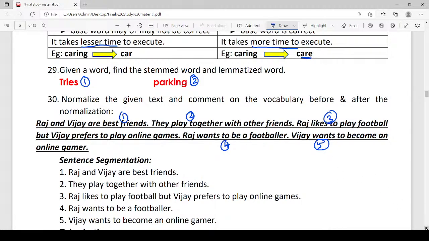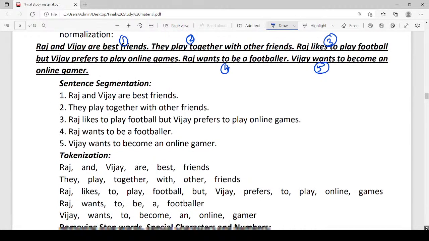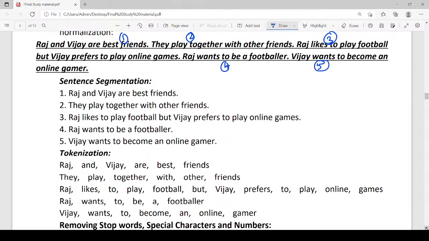So remember, you have to write this. The second one is tokenization. In tokenization, what do we do? We try to break down this sentence into various tokens. So here I am simply adding a comma. So this is a token. Here we don't have any special character or any number.